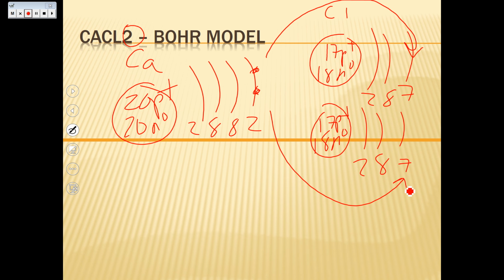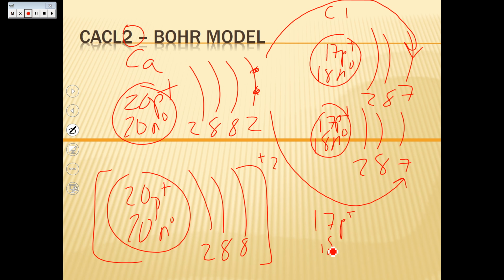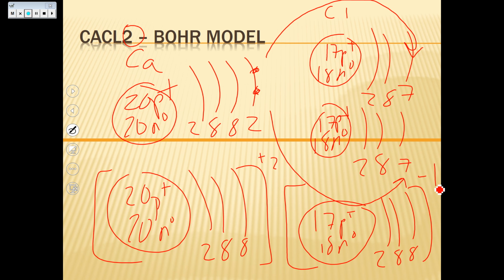So to draw the Bohr model of CaCl2, we're going to have 20 protons, 20 neutrons in the center. We will have 2, 8, 8, and its charge will be positive 2. And the chlorine will have 17 protons, 18 neutrons, and its configuration will be 2, 8, 8, with a bracket and a -1.